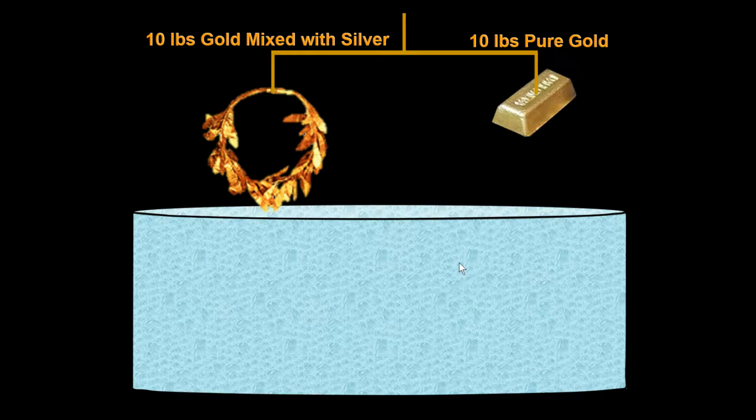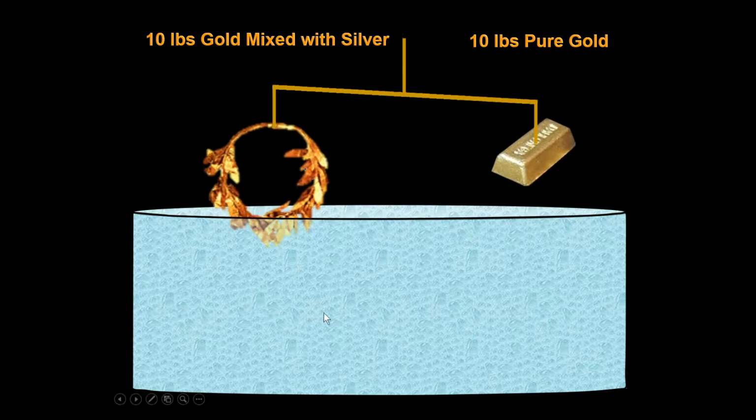A way that is maybe more likely that he would have done it is to have the 10-pound crown here and 10 pounds of pure gold on a balance. So they would be balanced out of water because they had the same weight. But if this had a larger volume, if it was mixed with silver that was less dense, to make up the same weight, you would need a bigger volume.